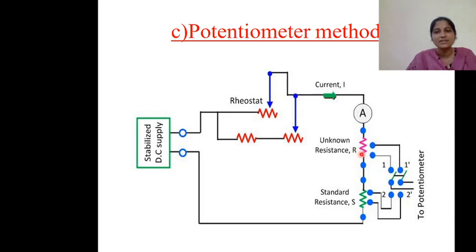So VR is equal to I into R, as the current in this branch is I. And next, if the switch is moved to the position 2 dash, then the resistance is S, the voltage will be I into S. So in this position the voltage is VR, and in this position the voltage is Vs.